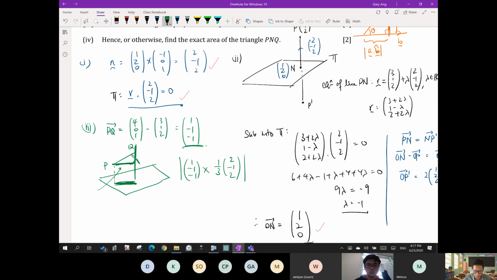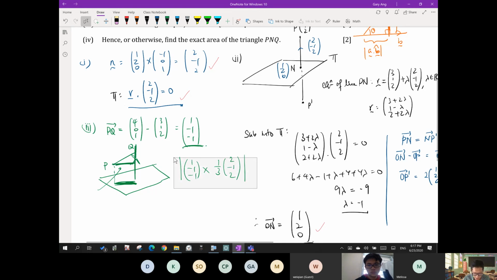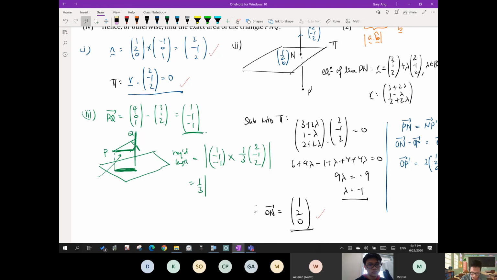I got no space. Hold on. So that's the required length. Of course, I trust that you can do this yourself, which is just dotting, crossing, and that's all. So the required length is 1/3 mod of this crossing. Come, let's try to cross this together, shall we? Cover the first row. I'm going to get -2 minus -1, which is -2 plus 1, so that's going to be -1, right?